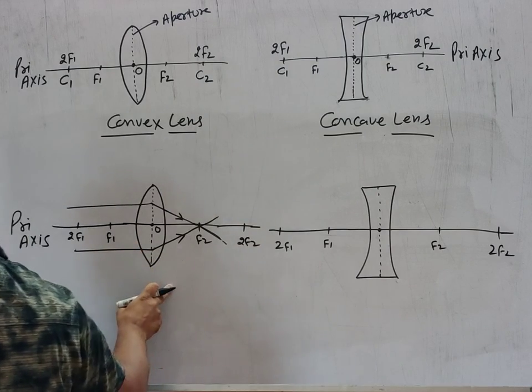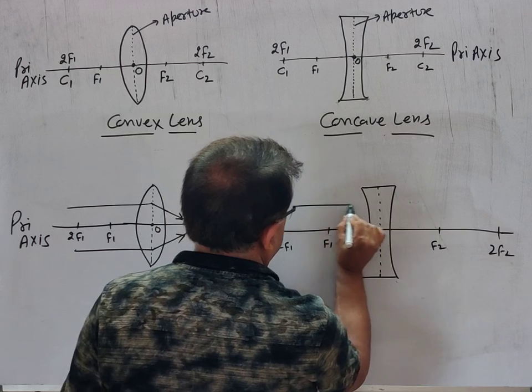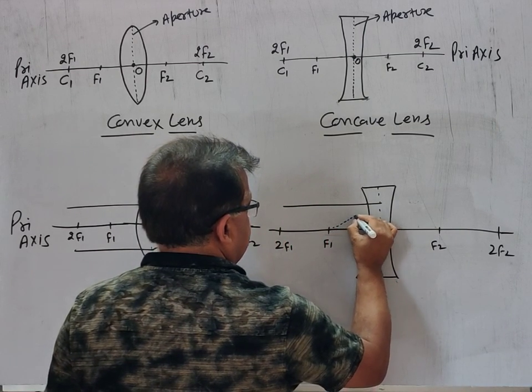Now in this case it will appear to pass, means incident ray, at this point it will bend.